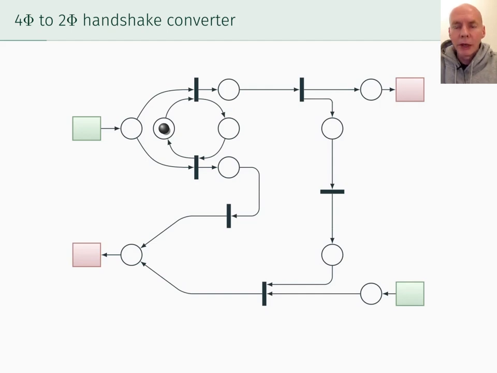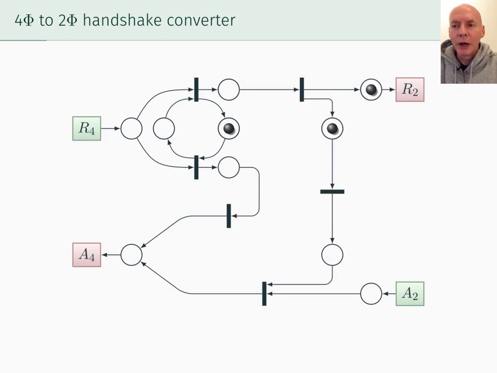And does this Petri net have anything to do with the handshake converter circuit? We could label the remaining open transitions with the same labels that the terminals had in that circuit. And then if a 4-phase handshake is initiated, R4 fires, marking the place next to it. Those two places enable the transition above to fire, which marks the two places next to that.